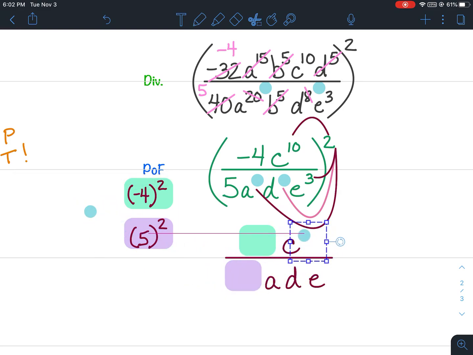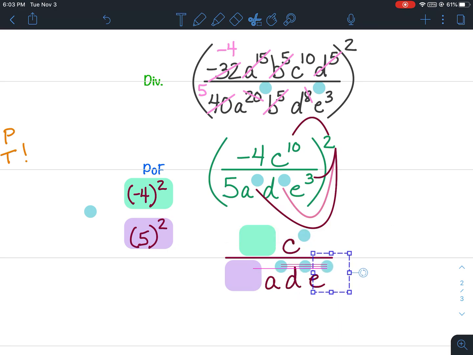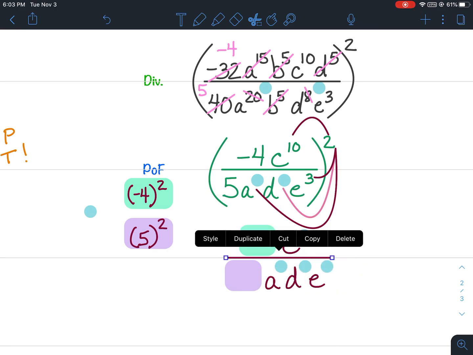So you'll have an exponent for the c, the a, the d, and the e. And that is it for question number 9.